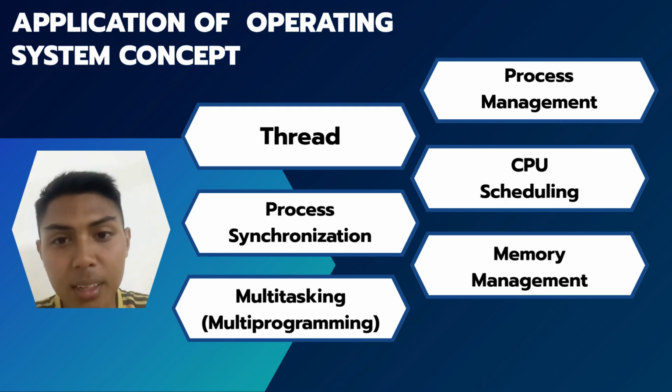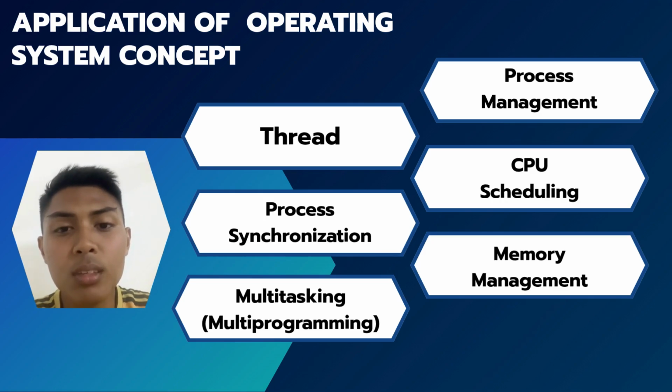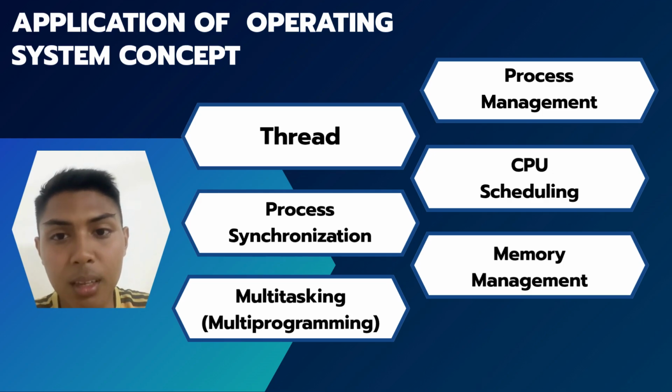Next is thread. Each application can perform multiple tasks at the same time using threads. For example, the CCTV system can process multiple camera feeds simultaneously, while the mobile app can handle user requests, check parking availability, and communicate with the cloud server at the same time.